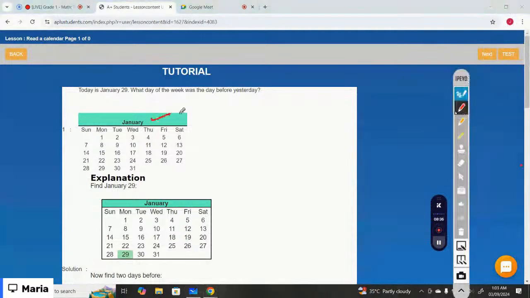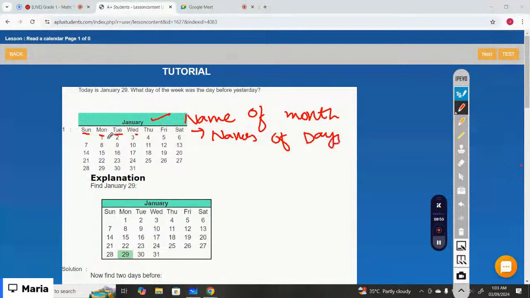This very first line, this is the name of the month, right? Then the line right below here you have Sunday, Monday, Tuesday, Wednesday, Thursday, Friday. These are the names of the days, right? And then right below each one, like here is Sunday. So all the Sundays are on 7th, 14th, 21st and 28th of the month, right?